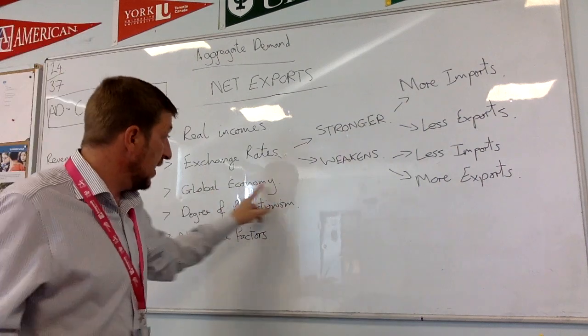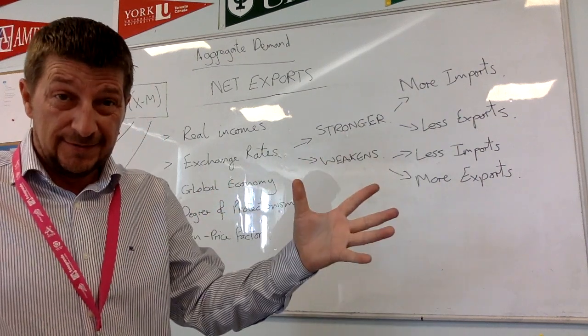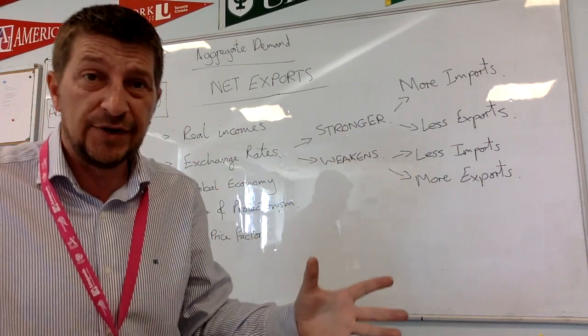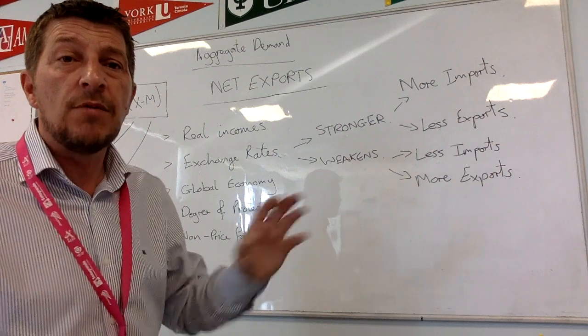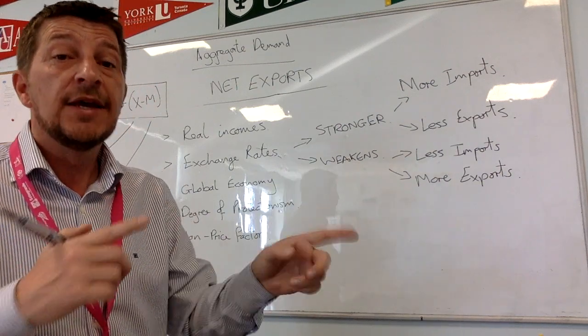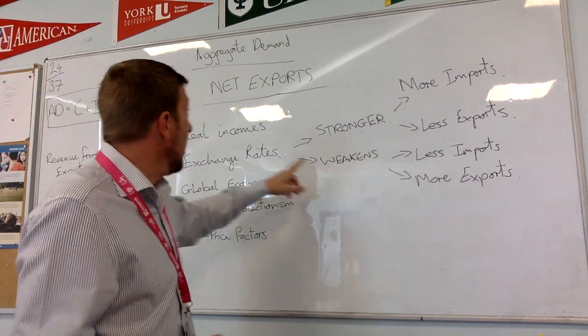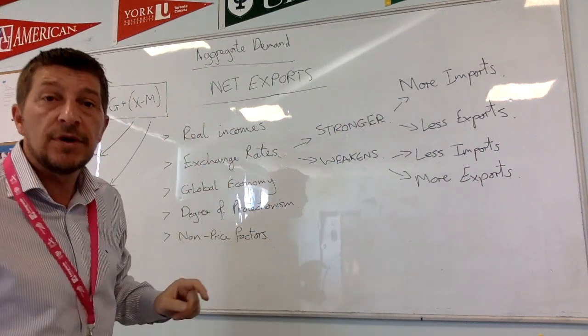Think about the fact that if the global economy is thriving, if there is confidence, if there is growth, then we'll see a lot more trade. Okay, so trade means that we're going to have a difference here in terms of exports and imports.